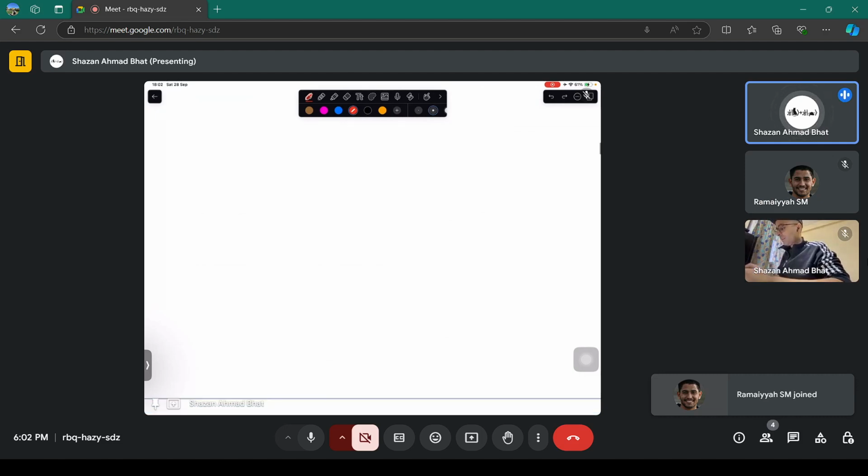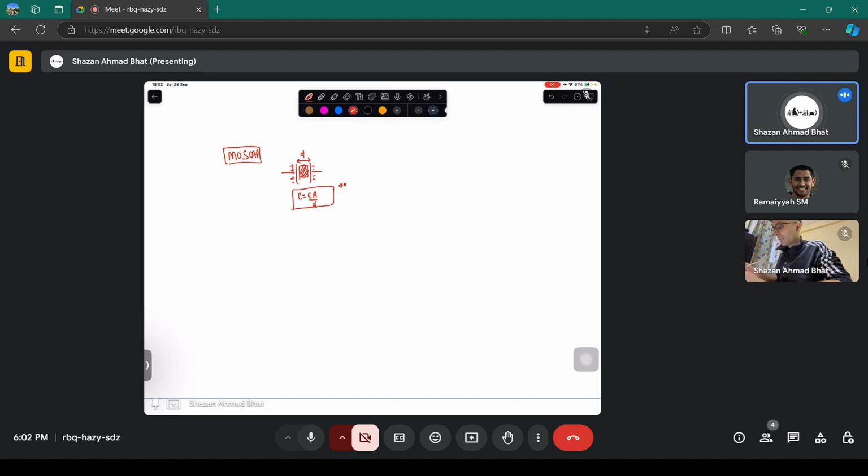In the previous session, we talked about the metal oxide semiconductor, or MOS capacitor. It is a capacitor because it acts like one. There are two charged plates separated by some dielectric, and you can obtain the capacitance as epsilon A over D from basic electrostatics.